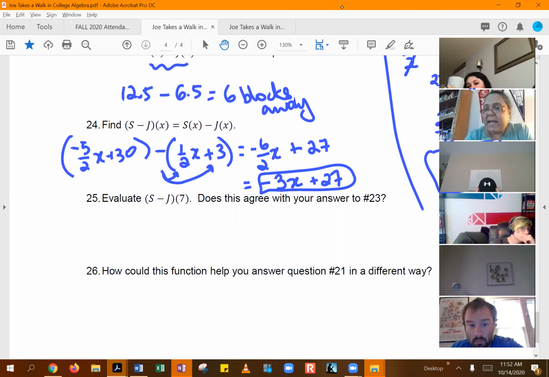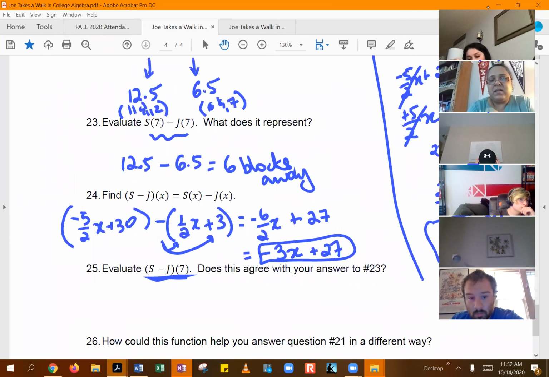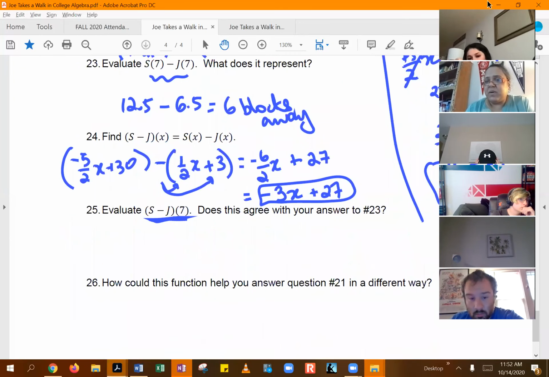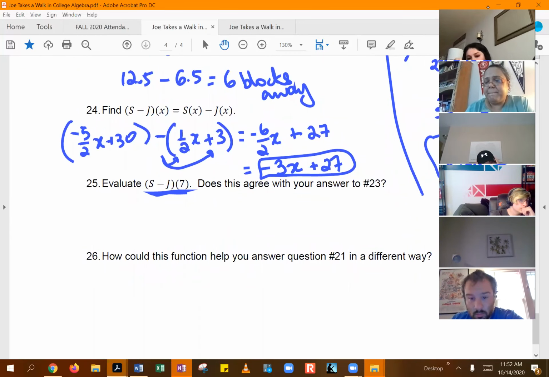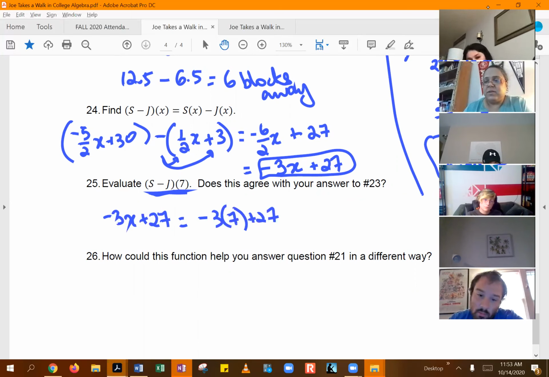So if we had this, would we get the same answer if you just plugged in the 7 minutes as we did over here in number 23? If you just took that -3x plus 27 and you plugged in 7 minutes, would you still have the same answer?